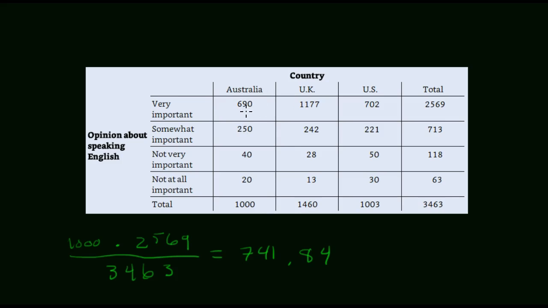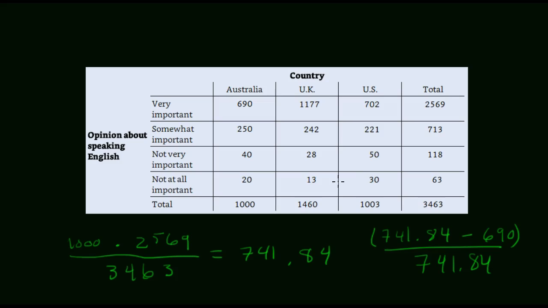Now, the number that I have in this box is 690. The boxes of interest in this problem are 1, 2, 3, 4, 5, 6, 7, 8, 9, 10, 11, 12 boxes that need to be dealt with. For each of those boxes, we're going to get a chi-square contribution. We take the expected, 741.84, minus the actual, 690, squared, divided by the expected, 741.84.